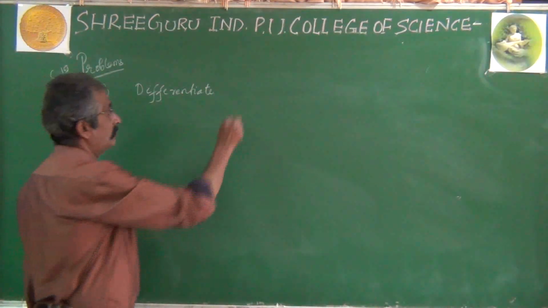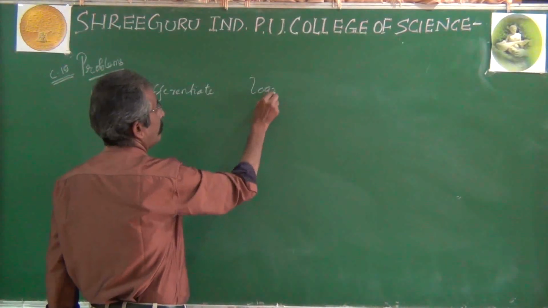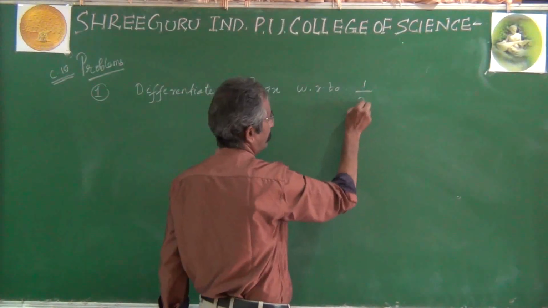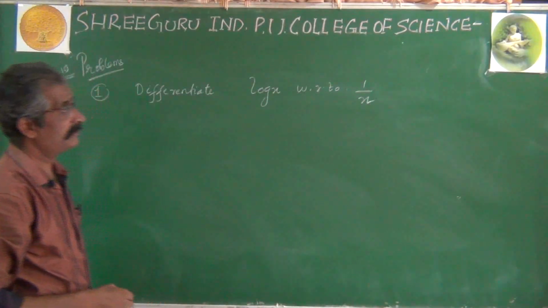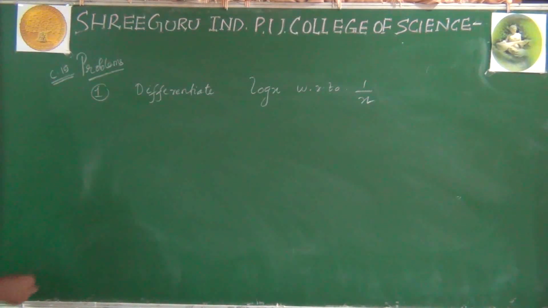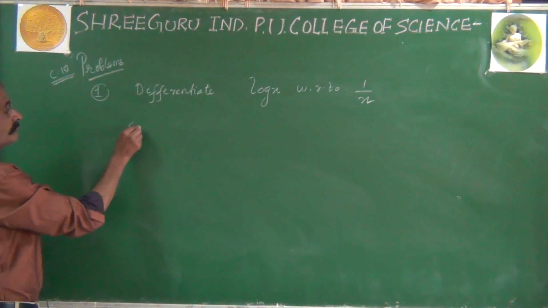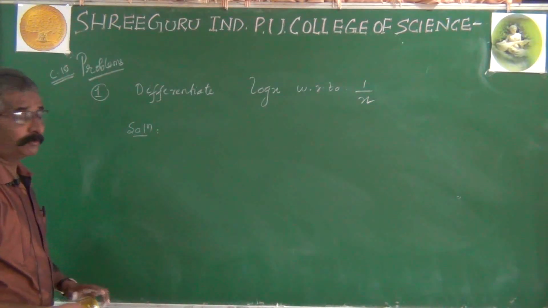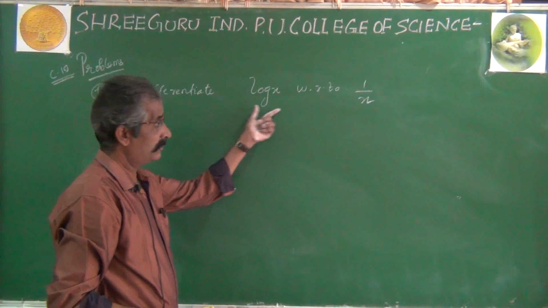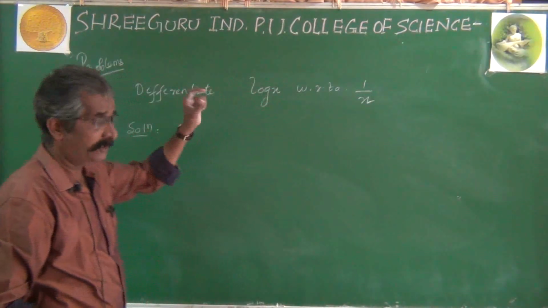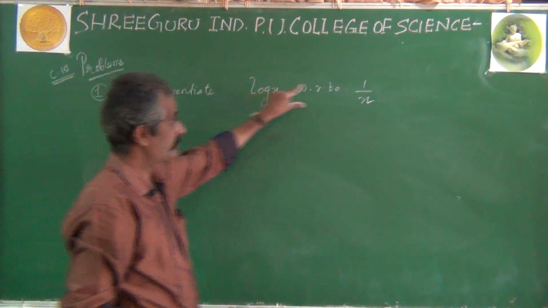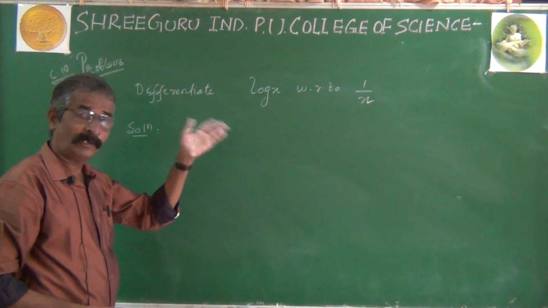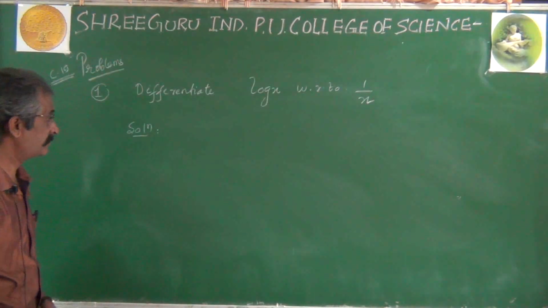Differentiate log x with respect to 1 by x. Differentiate log x with respect to 1 divided by x. So obviously we have to take one function as u, other function as v. Let us take u equal to log x, v equal to 1 by x, and we are asked to find u dash divided by v dash.